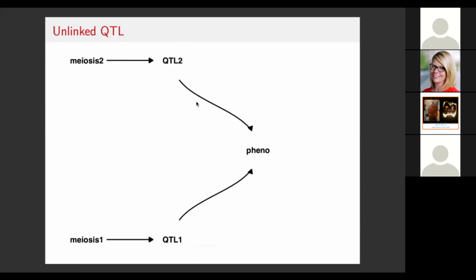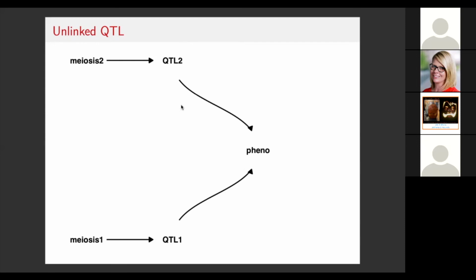Here are two unlinked QTL. This would suggest that these two QTL have independent effects, but if you condition on the phenotype, then you might see an association between these two.